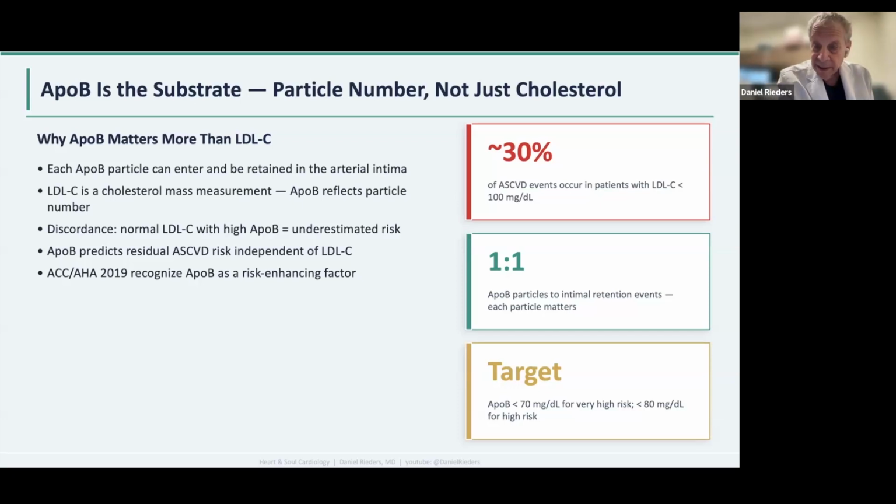Depending on how sick the patient is, we definitely want to treat the ApoB and get it lower. It's just better medicine, more precision. And this is all in medical guidelines.